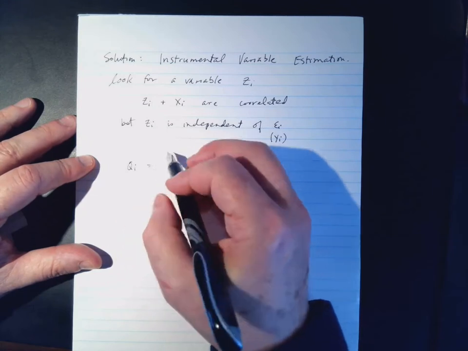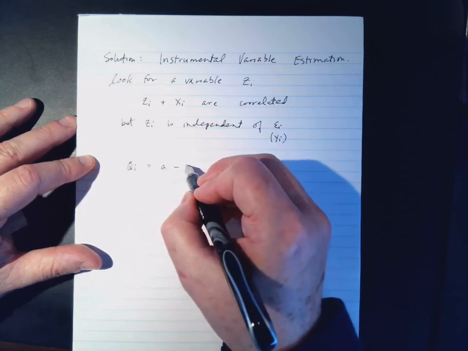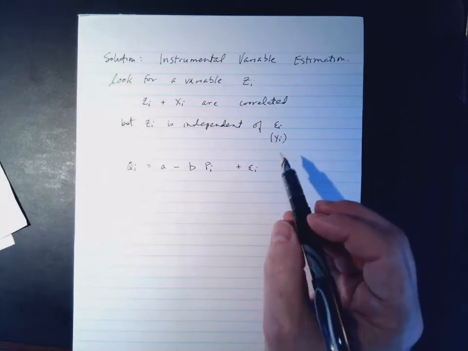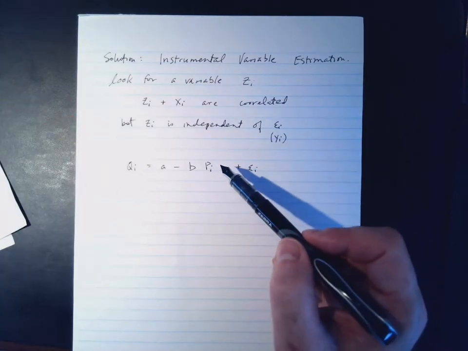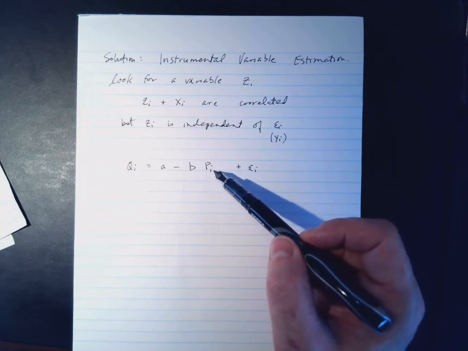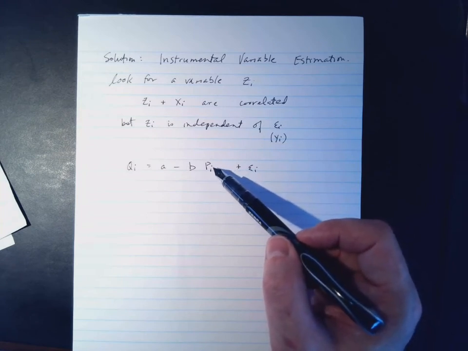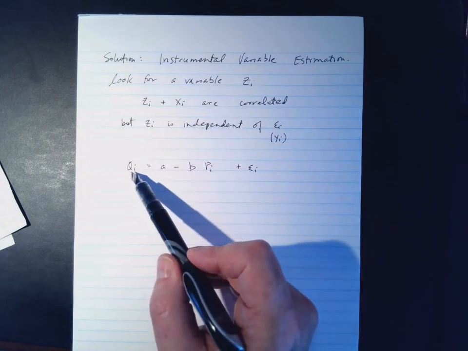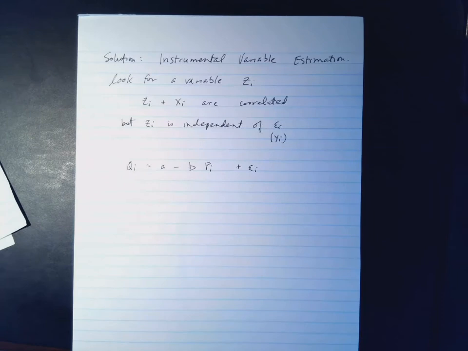So the quantity is a function of A minus B times price. So we would want an exogenous variable that is correlated with the price, but that is uncorrelated with the market demand.